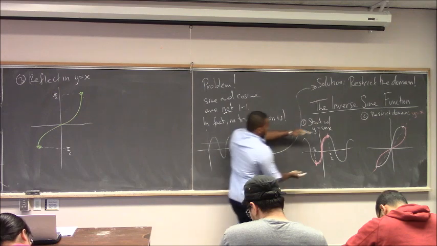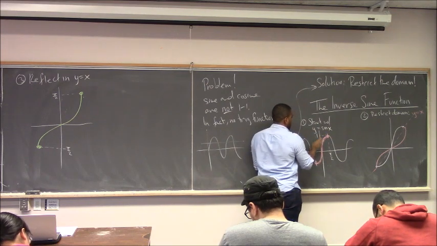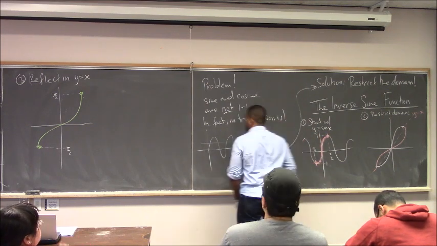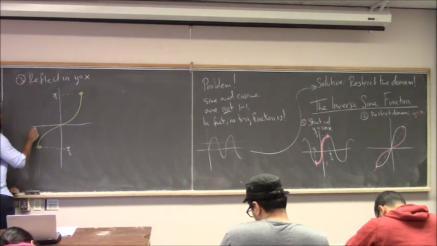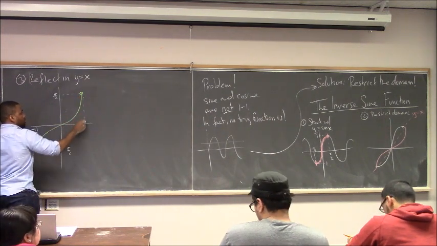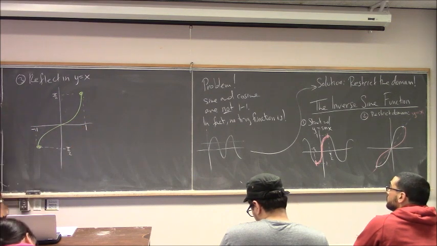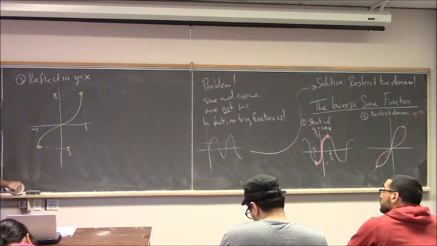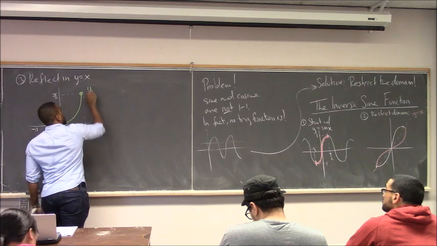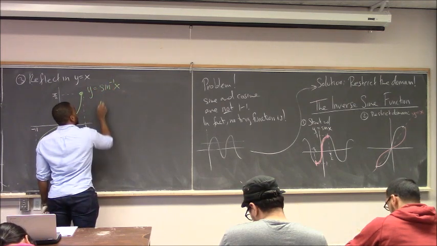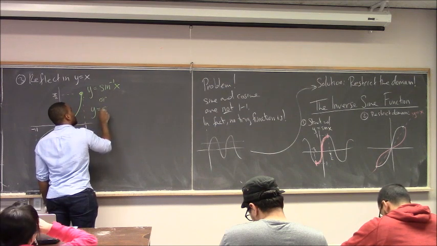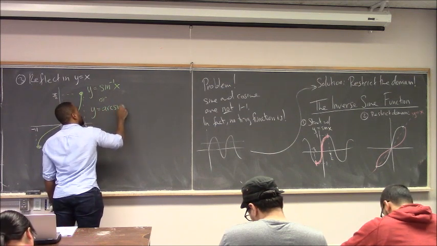Similarly, for the height of the y's, this was positive 1, that was negative 1. So now the x's are going to behave like that. The minimum this will go is negative 1. The maximum this will go is positive 1. This is the graph for y equals sine inverse x, or y equals arc sine x.